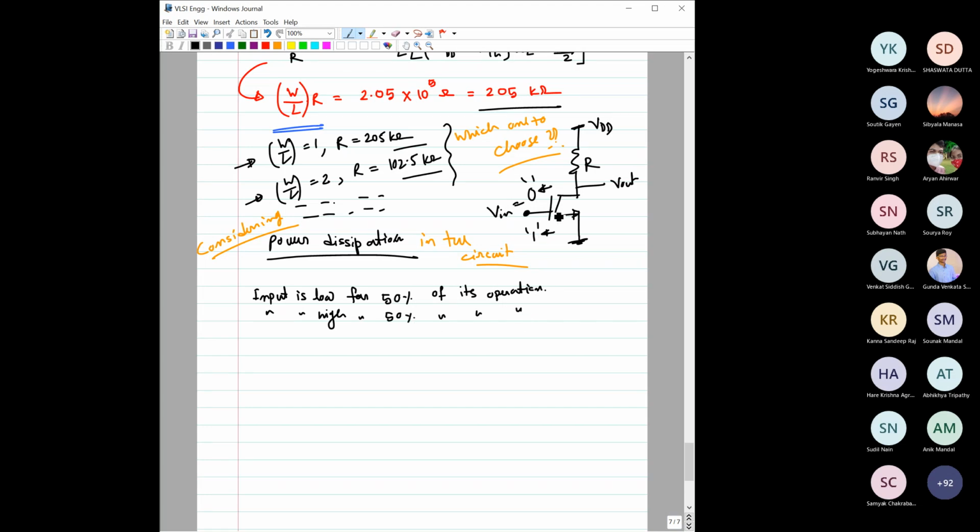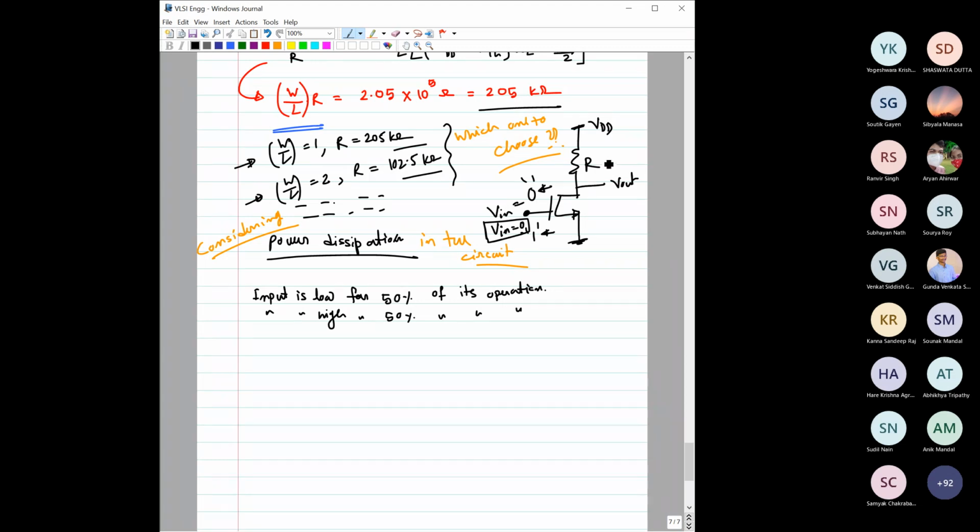So that means, if you consider some time, for 50% of the time the input is logic 0, and 50% of the time the input is logic 1. Now why it is important, you will understand now. See, when this V in is equal to 0, meaning either 0 or 0.2, whatever you give here, the transistor threshold voltage is 1 volt, so the transistor is off.